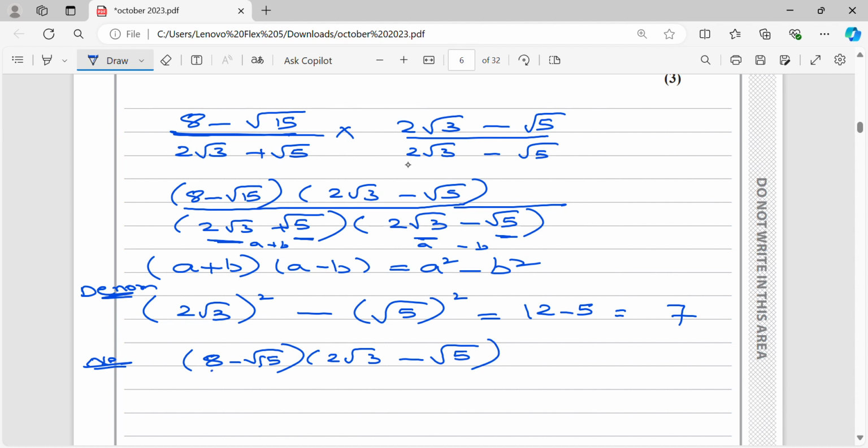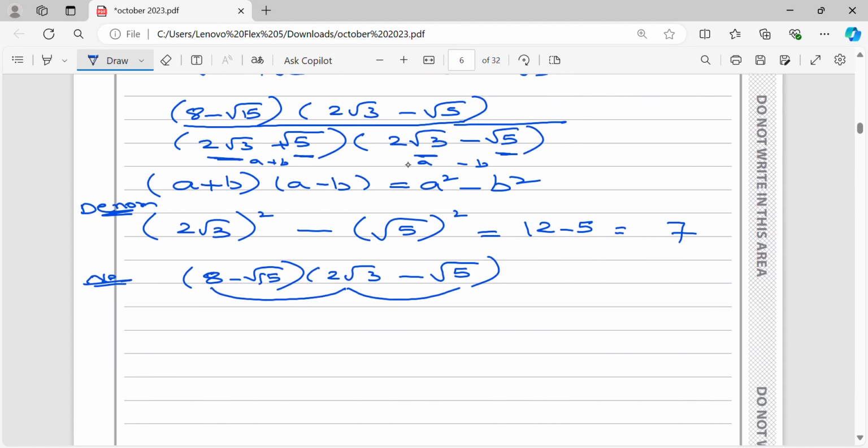Let's multiply 8 with 2 root 3, and then I multiply 8 with minus root 5. So 8 times 2 is 16 root 3, minus 8 root 5. It's the same as if you have x, 2x: we multiply surd with surd and number with number.